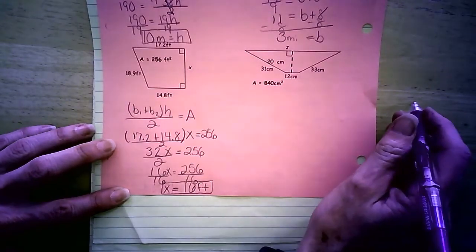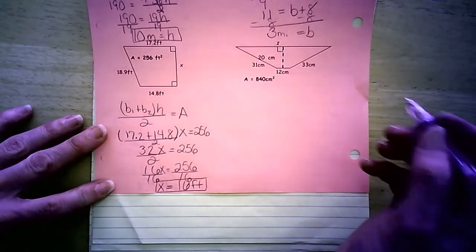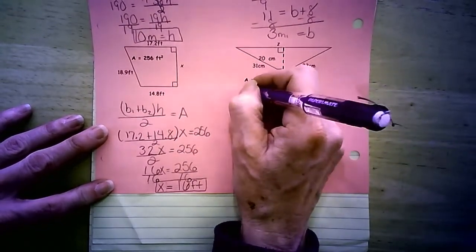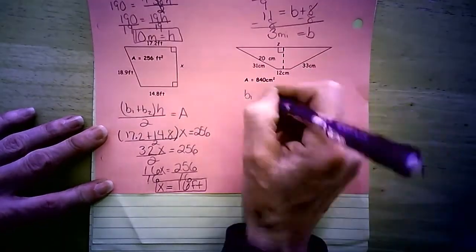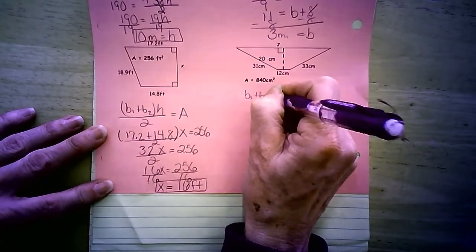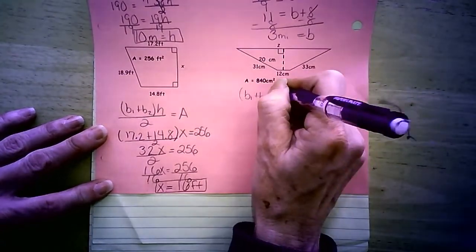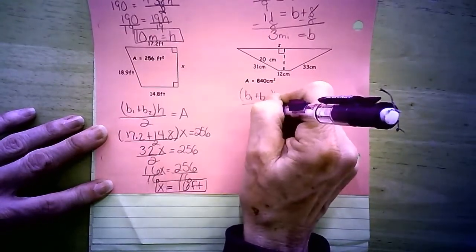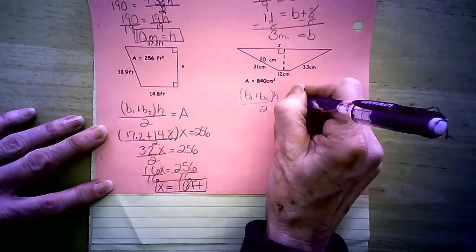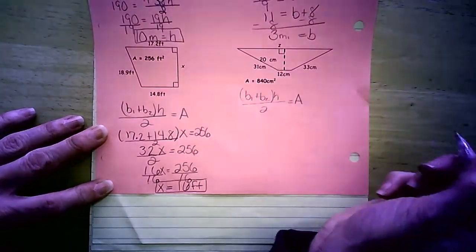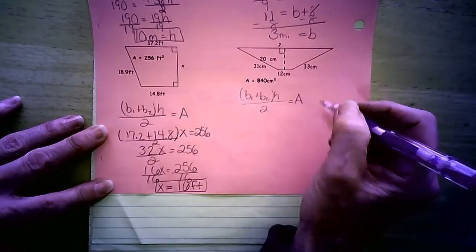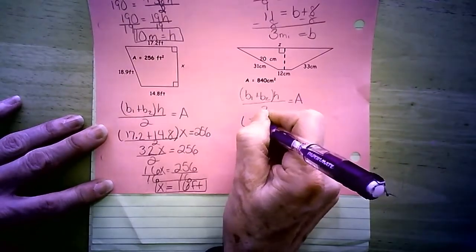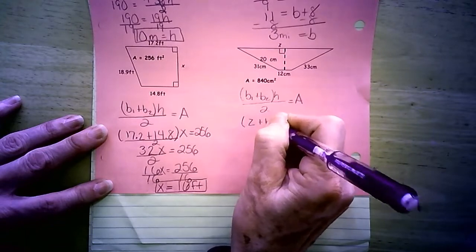Okay. We've got 1 to go. Base 1 plus base 2 times the height divided by 2 is equal to the area. Now my 2 parallel sides are z and 12.